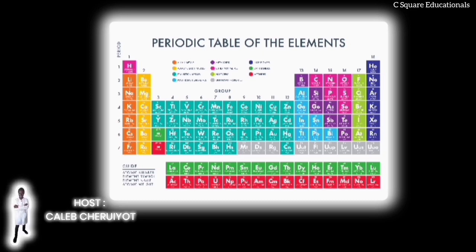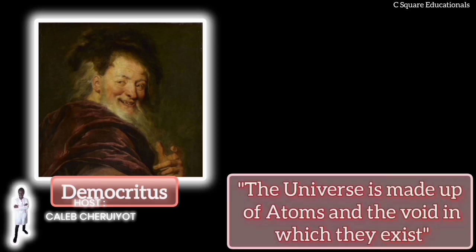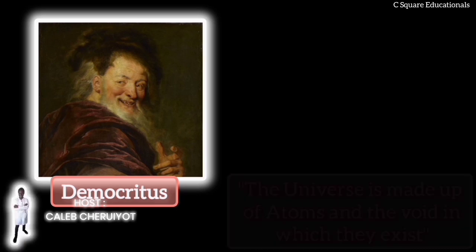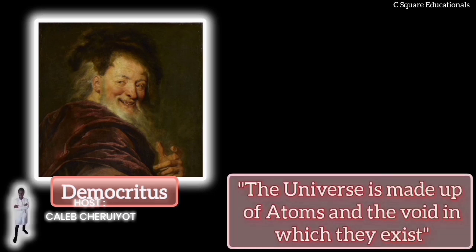Ever since the idea of the existence of atoms was put forward by the philosopher Democritus, who said that the universe is made of atoms and the void in which they exist, this idea has been given a solid grounding by scientists, particularly chemists and physicists, proving its existence by the scientific method.